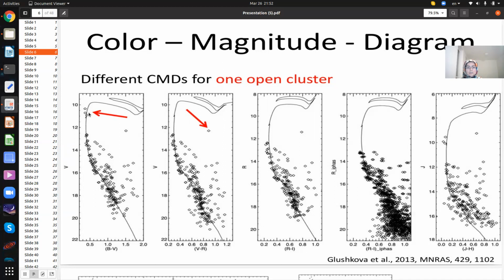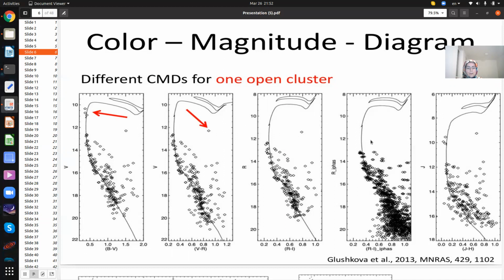In Johnson photometry you see these three stars, but in 2MASS and the others you do not see these three stars. Also, this one star you see here, but you do not see it here.